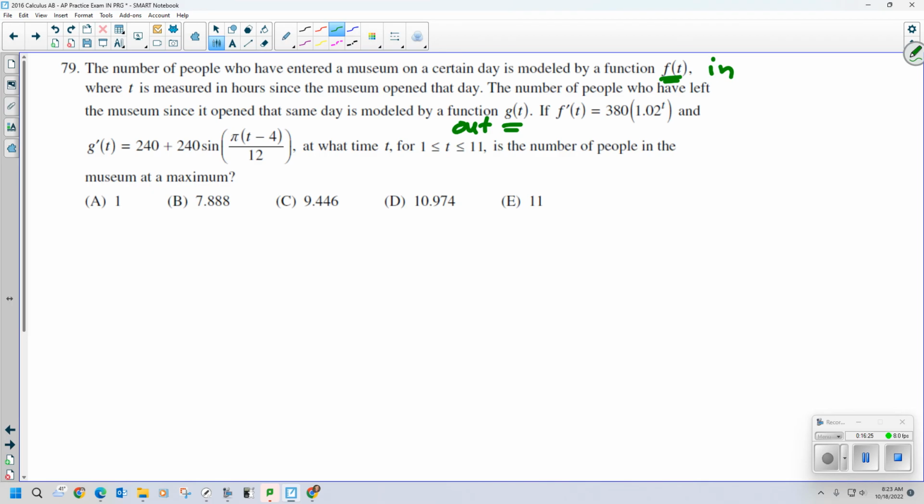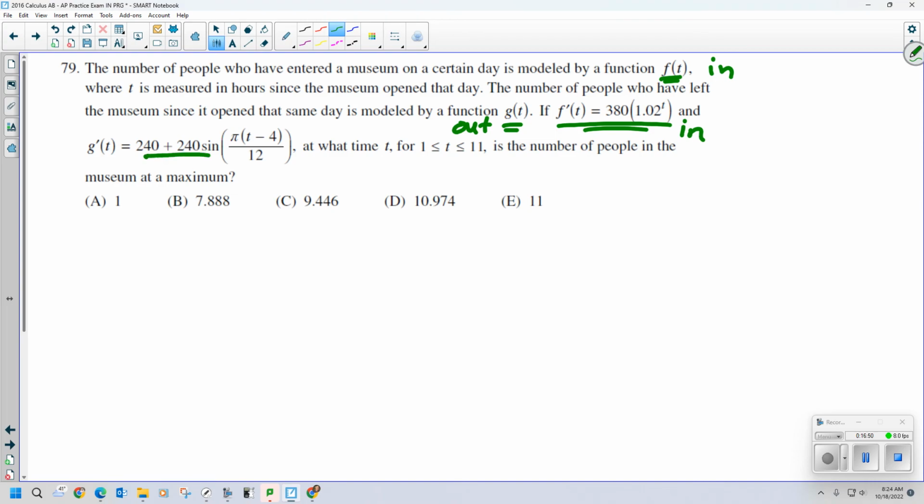At which time t, from the interval from when t is 1 to when t is 11, is the number of people in the museum a maximum? A maximum. Okay, when is it a maximum? All right, so what I'm going to do is I'm going to graph these. Now, this is the rate of people going in, okay?